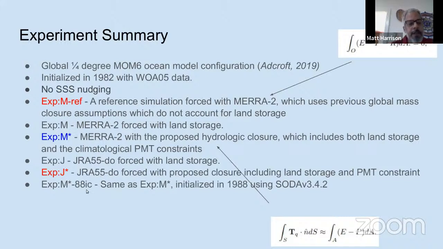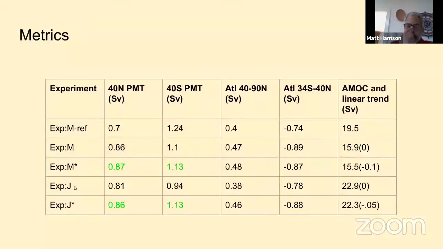And then there's another experiment I'm showing with the MERRA forcing, but initialized in a different year, using the SODA reanalysis conditions to initialize the model. So this is what I'm getting for those cases with the reference closure, doing it the old way.